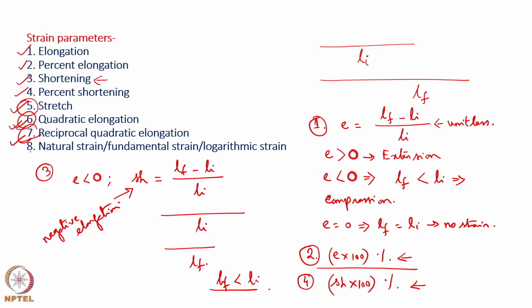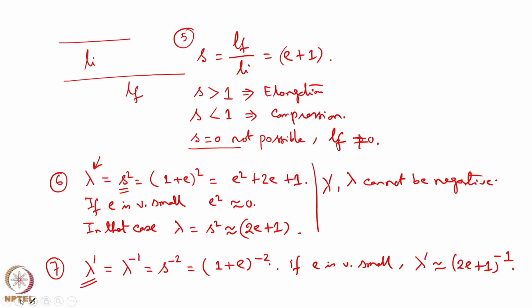Let us look at the natural strain or fundamental strain or the logarithmic strain. Same situation, length initial by deformation has become length final, then the logarithmic strain or natural strain or fundamental strain is given by epsilon is equal to log to the base e of 1 plus e.